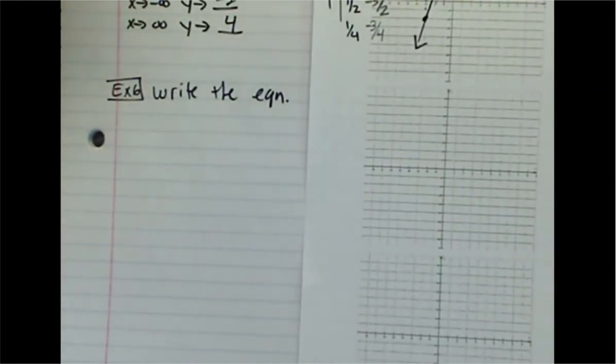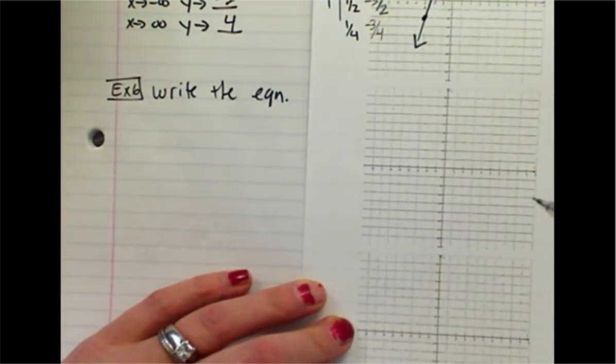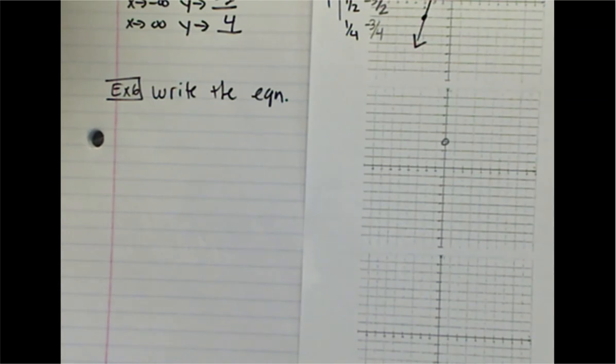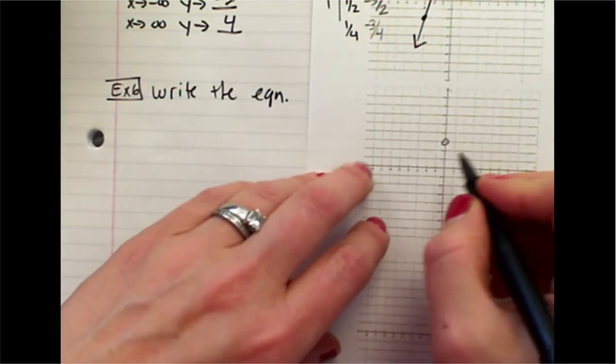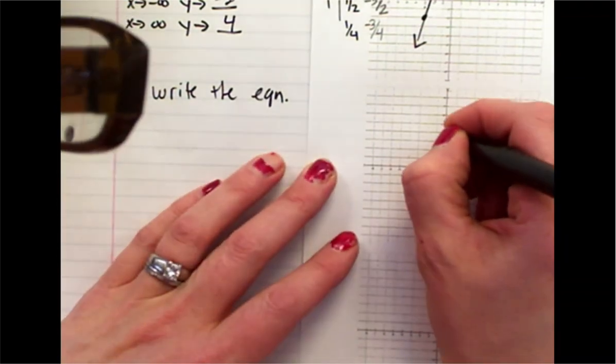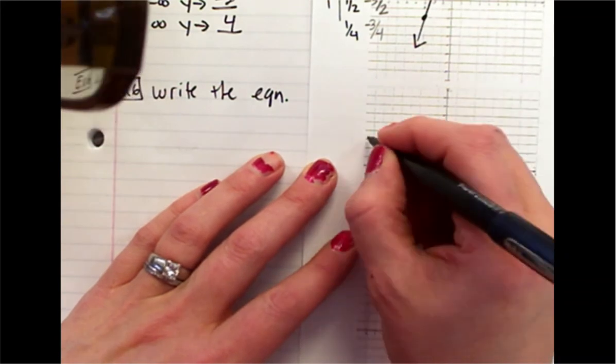All right, I'm going to give you a graph. I'm going to mark the center for you. Let's put the center here. I'm going to mark the center at 0, 3. Yes. 0, 3 is the center. We're going to go here, here.